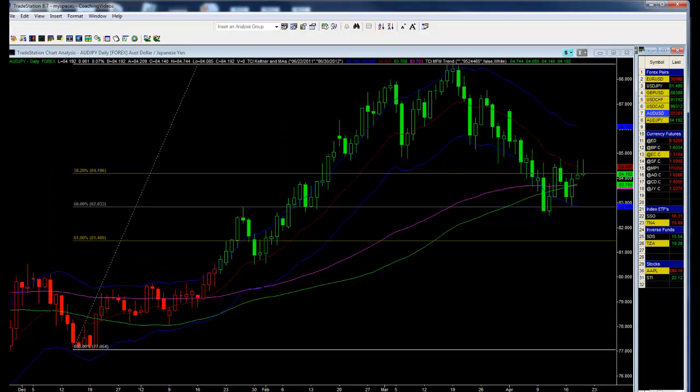All right, and the last forex currency pair I want to talk about is the Australian dollar Japanese yen chart. The market has pulled down further than what I would have expected. Stop's not hit yet. But what happened 2 days ago, right here on this bar, is a bullish engulfing pattern. It took out the low of the prior bar and the high of the prior bar, closing in the top quarter of that bar.